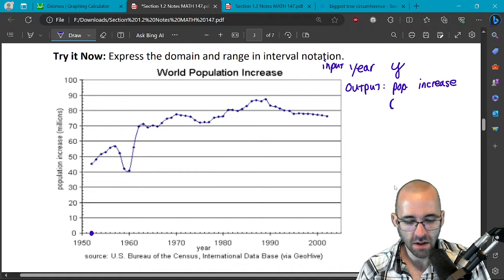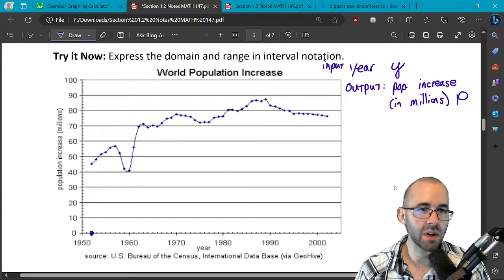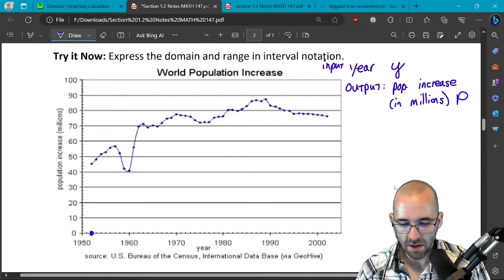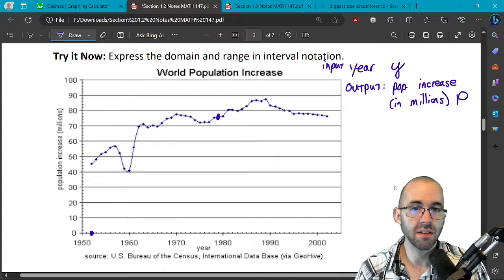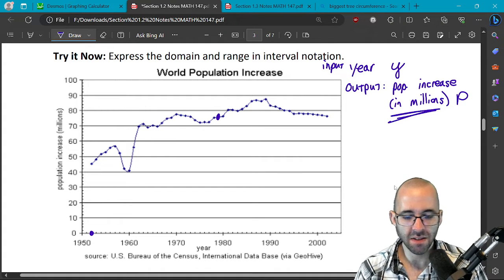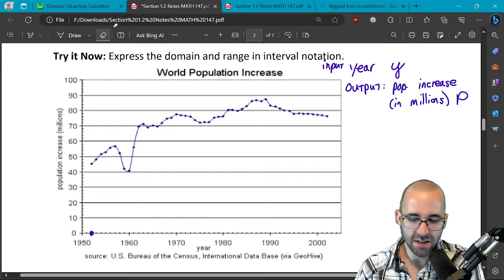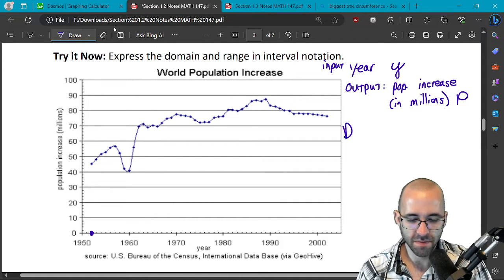And it is important that you specify in millions, and we can use just the letter P again if we want. Because if we don't include the millions, then this value right here would be like 75 million. But if we write in millions, then we can just write 75. Saves us from writing some zeros.